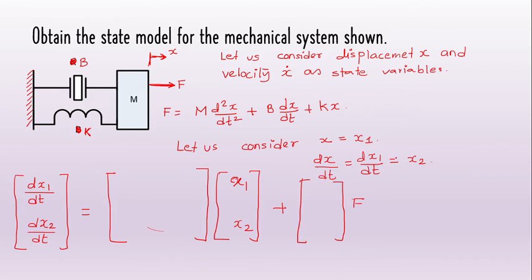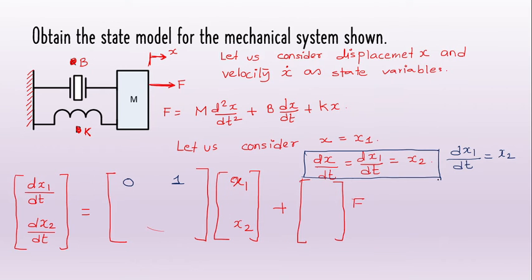What is my dx1? From here I find that my dx1 by dt is actually x2. So from this equation I can write this is my 0 and this is my 1.